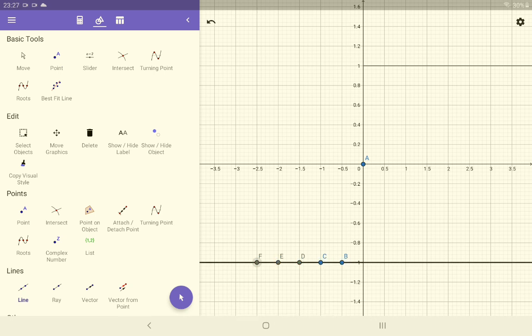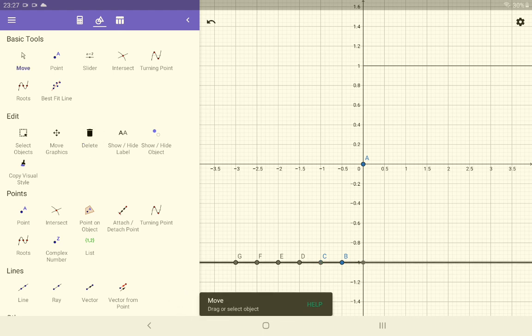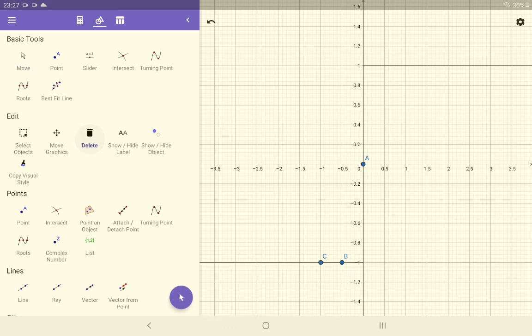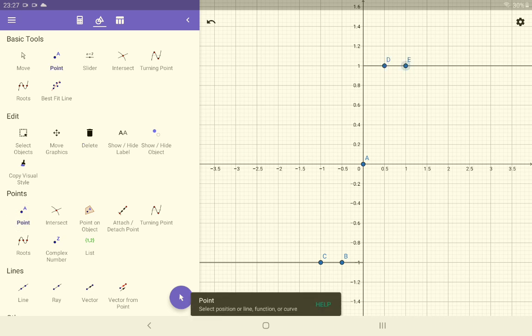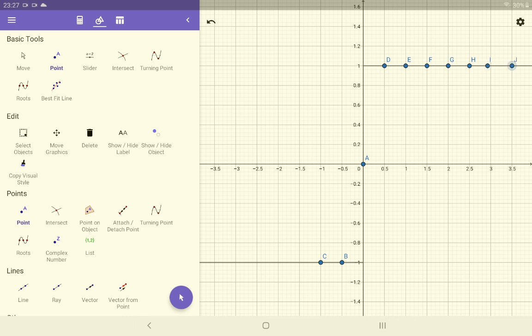If my x is less than 0, then I have these values. And if my x is greater than 0, then I have to take these values. And this function is known as the signum function.